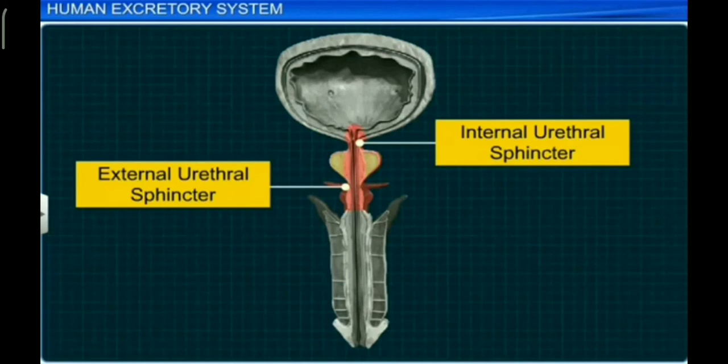If this valve is not functioning properly during inflammation of bladder, it can lead to kidney infection. Urethra in male is larger in size, whereas in females it is smaller in size.